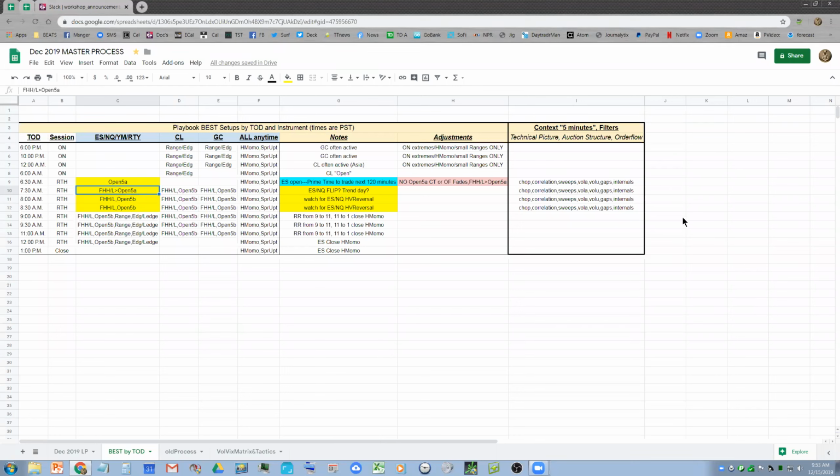And then internals, I just look at them to see, if we're going up and the internals are crazy strong, not overcooked, but an 800 tick and advance-decline at 2,000 advancers and 500 decliners or whatever, that's a really strong tape. And so you just don't want to get on the other side of that tape until it starts looking like there are gaps or weakness in that tape.